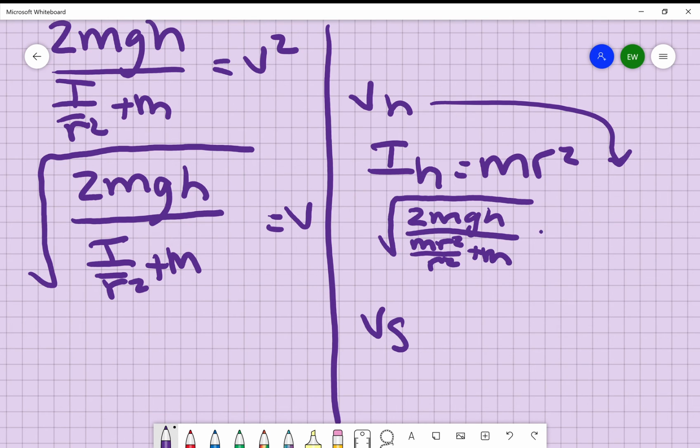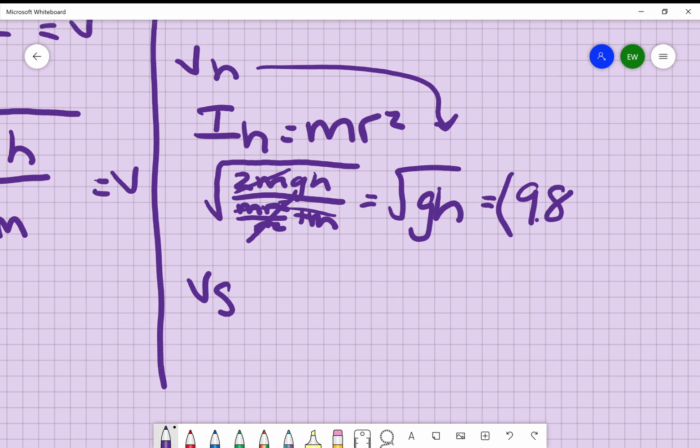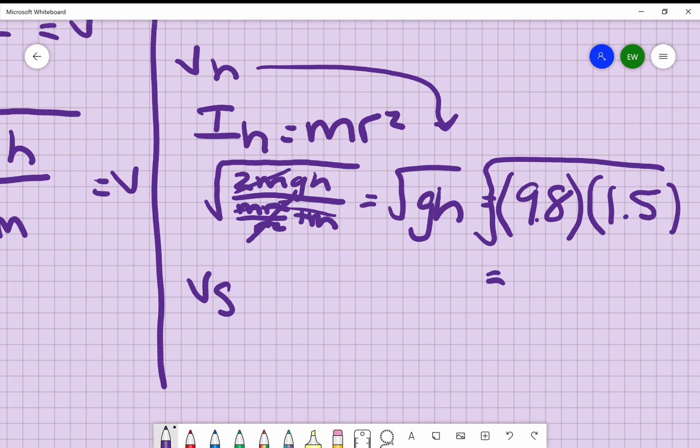Crazy stuff happens. See these r squareds? They cancel. See how I have two m's on the bottom and two m's up there? Those cancel. All that work just to find the square root of gravity times height. Ain't that how it goes sometimes? Gravity here is 9.8 because it's on Earth, which is convenient, times 1.5. The square root of that, math would determine, is approximately 3.83 meters per second.